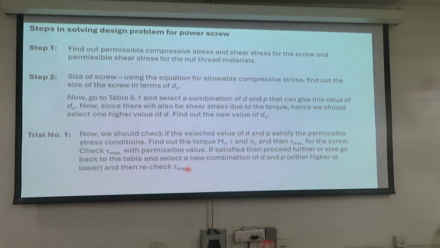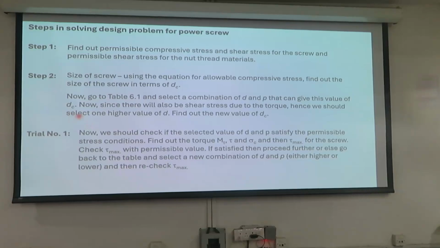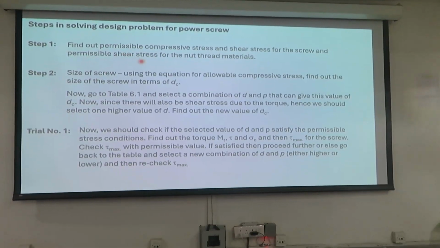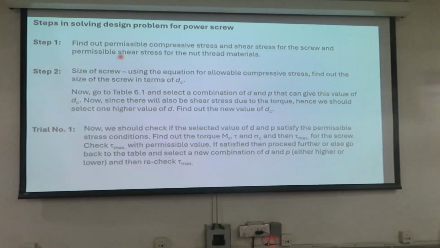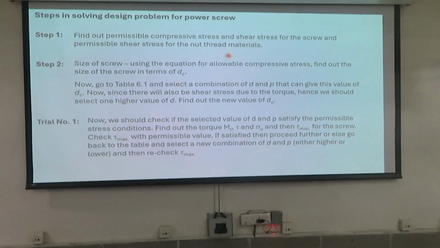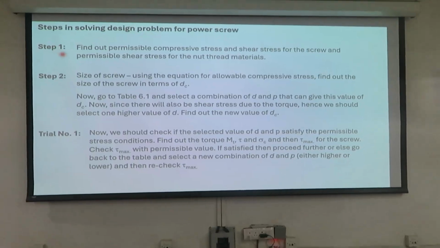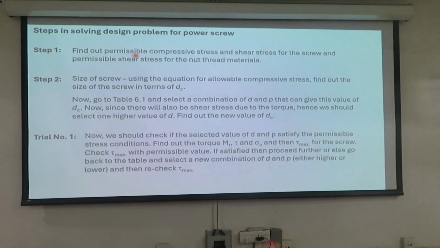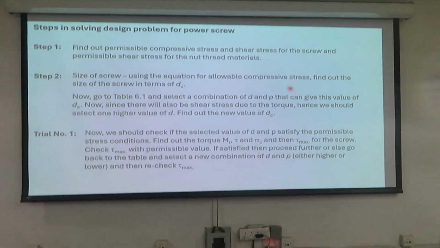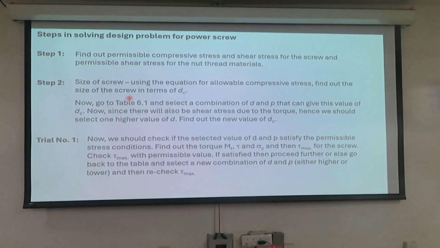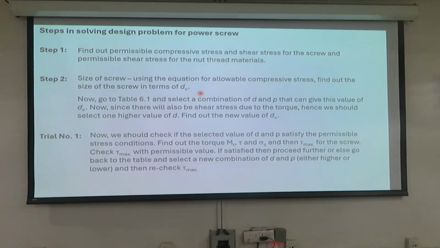Now, once you get the question paper, step 1 you should do is find out the permissible compressive stress and shear stress for the screw and the permissible shear stress for the nut thread material. These are based on the material property already given, right? Then size of the screw: using the equation for allowable compressive stress, find out the size of the screw in terms of DC.